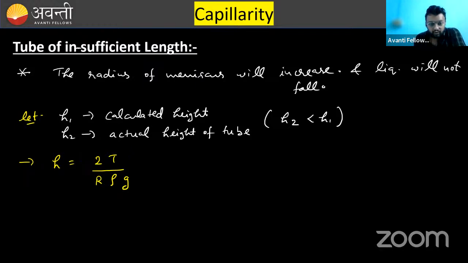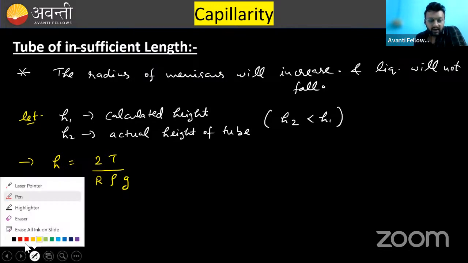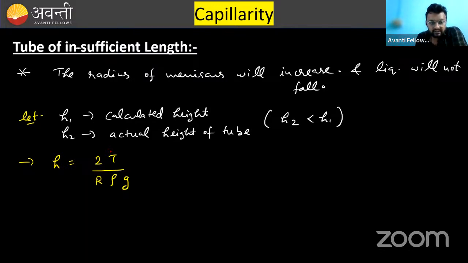So H is equal to 2T upon R rho G. What are the constant terms? You will see surface tension for the liquid. The liquid is the same, so surface tension will be the same. G will be the same, rho will be the same, and 2 is the same.